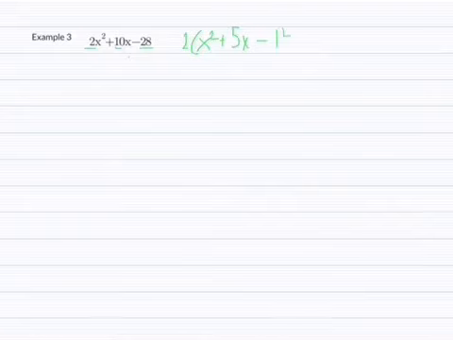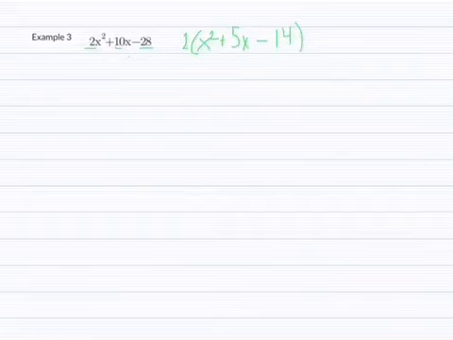We have a factor of 2 here, a factor of 2 here, and a factor of 2 here. So I'm going to pull that out, and I'll end up with x squared plus 5x, whoops, that's pretty sloppy, minus 14.